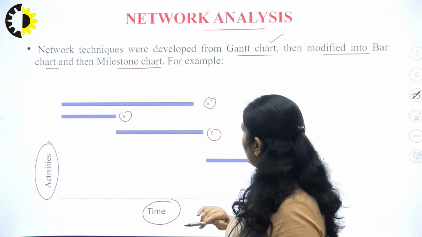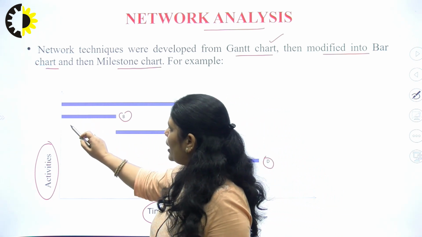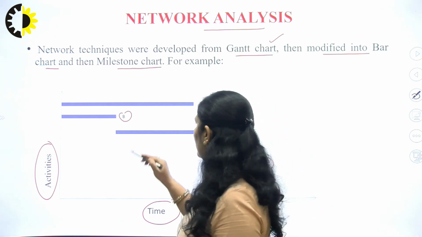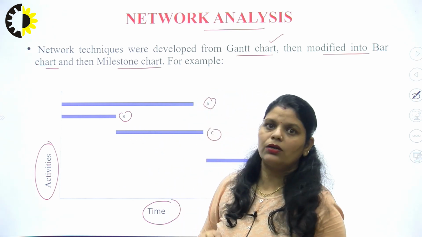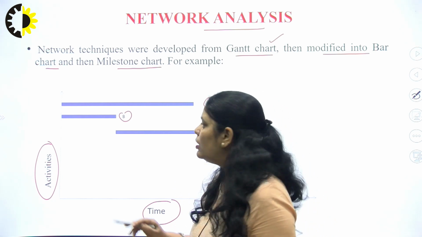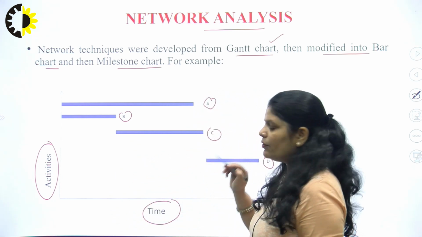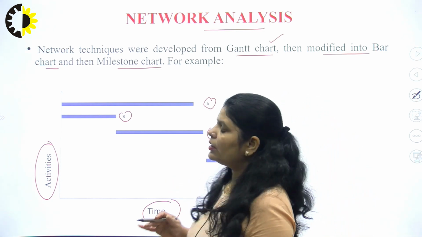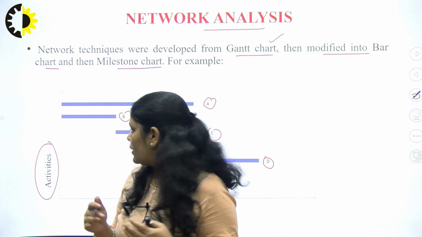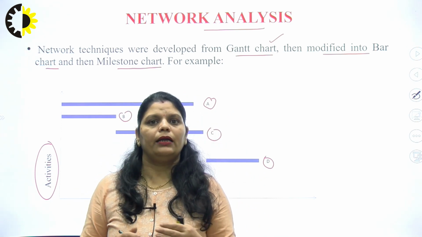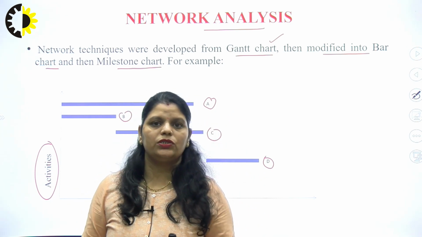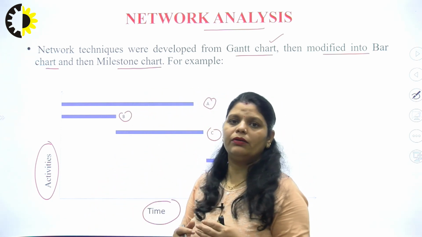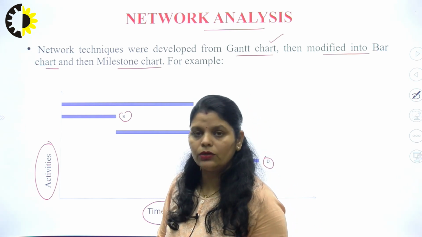In this diagram, activity A and activity B start simultaneously, but activity C will start only when activity B completes, and when activity C completes, then we can start activity D. So it is only indicating the start and ending points of different activities associated with a project. It is not showing how these activities are related to each other.